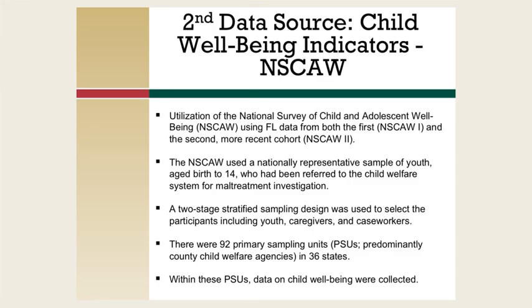A 2-stage stratified sampling design was used to select the participants, including youth, caregivers, and caseworkers. They ended up with 92 primary sampling units, which they call PSUs, which were predominantly county child welfare agencies in 36 states. Within these geographic sampling units, data on child well-being were collected.